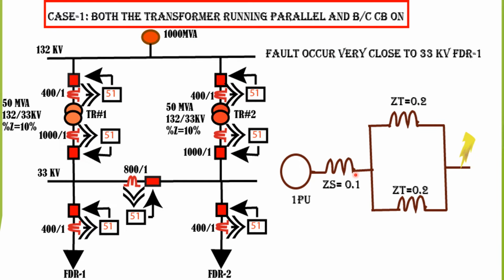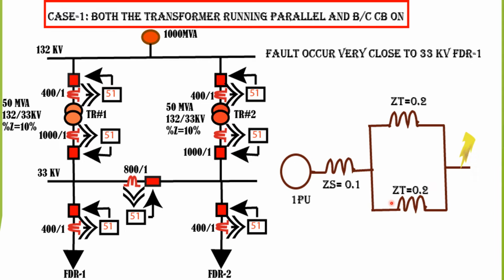So the equivalent circuit can be drawn from the parameters which are converted to the common base value for the source impedance and the transformer. So source impedance is 0.1 per unit at the common base value of 100 MVA base, and ZT is the transformer impedance value in per unit at the common base, that is 100 MVA.